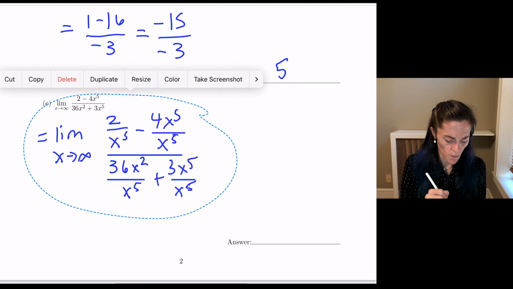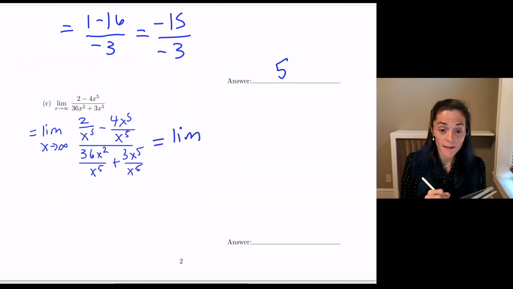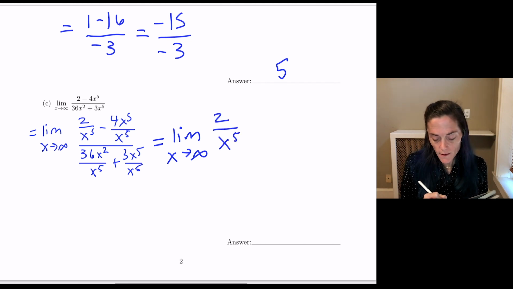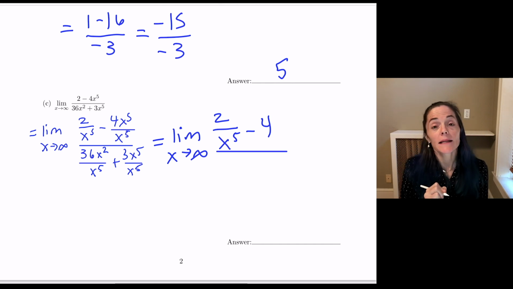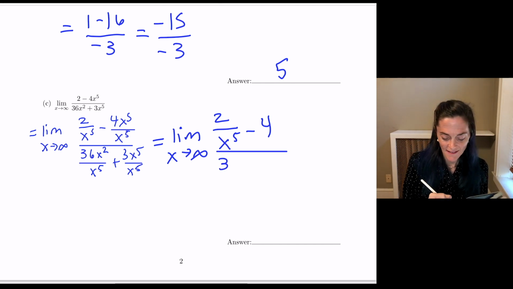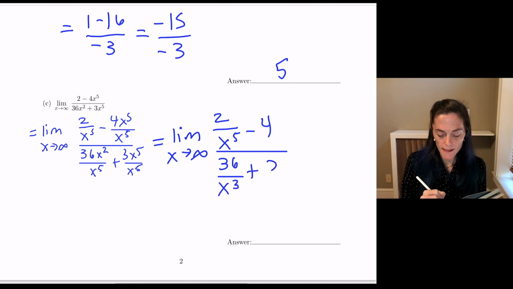Let me make this a little smaller. We have a limit as x approaches infinity. Well, I have 2 over x to the 5th minus 4. My denominator simplifies to 36 over x cubed plus 3.